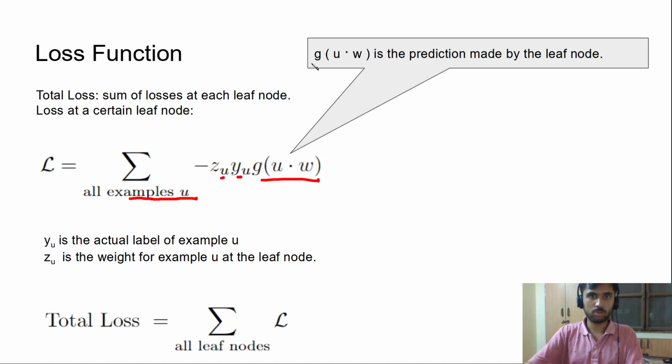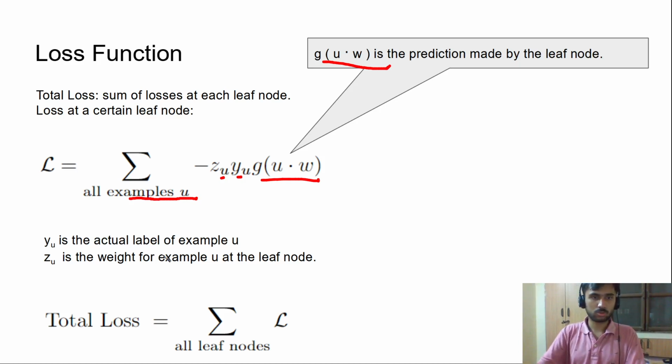Now g of uw is the prediction made by the leaf node. It is multiplied with the actual label yu of the example u, which is then multiplied by the example weight zu of the particular example u at the certain leaf node.